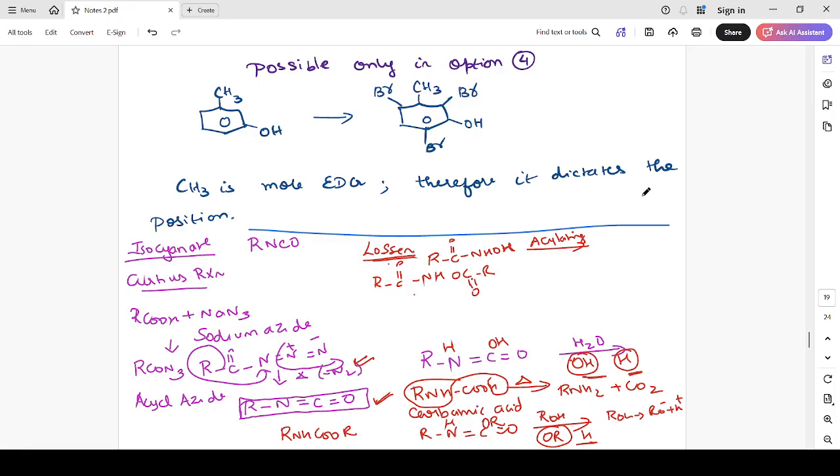We know what acylation is, isn't it? That means I'm treating with CH3COCl, removing HCl and just pairing them up. Now when I heat this, RCO minus moves out so that it forms again the same type of intermediate, RN double bond C double bond O. Isocyanate is formed. So there are four reactions where you see isocyanate as an intermediate: Curtius, Schmidt, Hoffmann bromamide, and Lossen rearrangement.